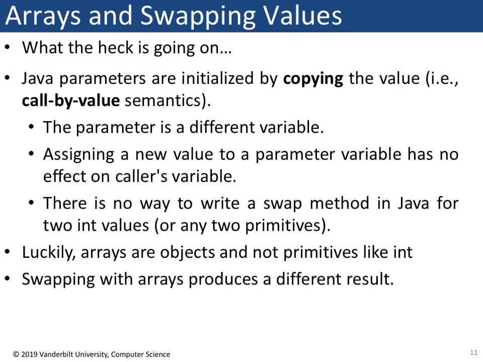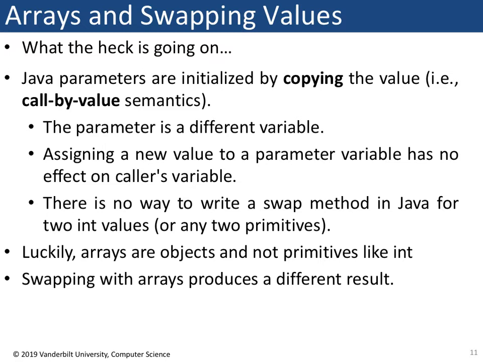But when we're dealing with objects, we're copying an address, and when we go to that address and do something to it, any other entities in the program that also have that address are also going to see those effects. So that is the explanation for why the swap method in the previous slide did not successfully swap the values in the A and B variables in the main method.